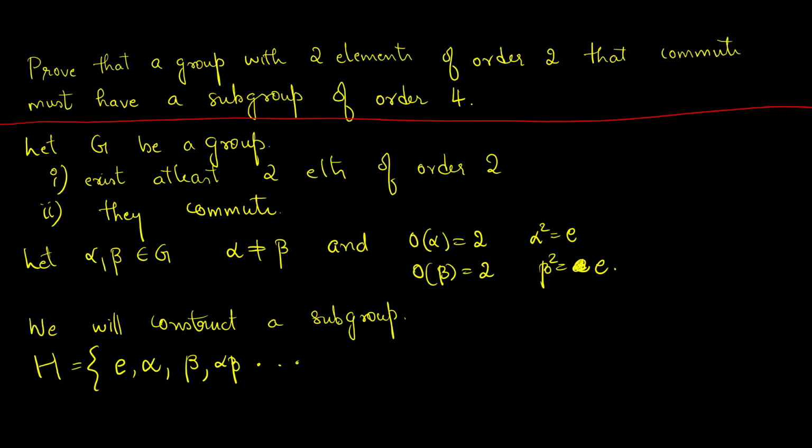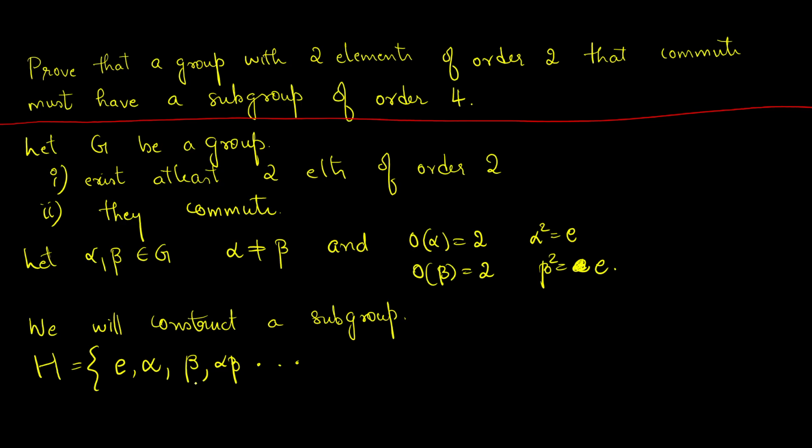Even before that there is one other thing. Here we have identity. Alpha is definitely different from identity because order of alpha is 2. Alpha square is identity, so alpha power 1 is not identity, because order of alpha is 2. So alpha is different from identity.